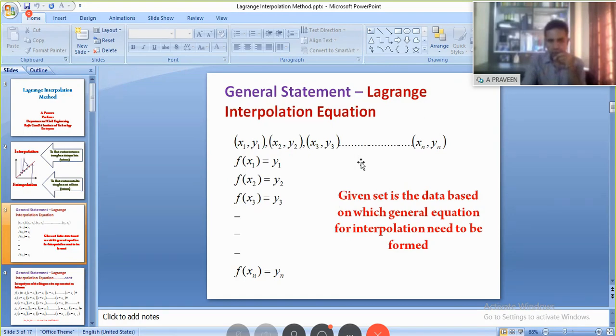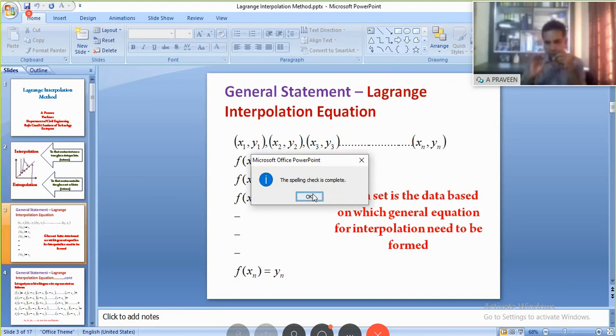Perhaps the best example is the problem we discussed, where I took about 5 data sets. You will be asked to find the value at x equal to 4, from a given set of data. That's the value we need to estimate.